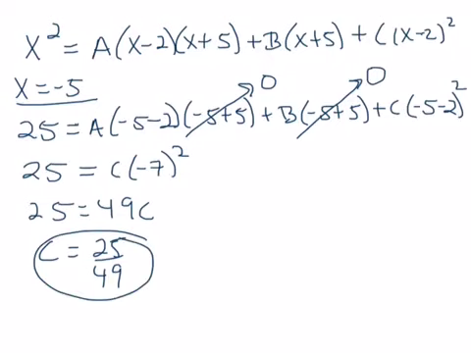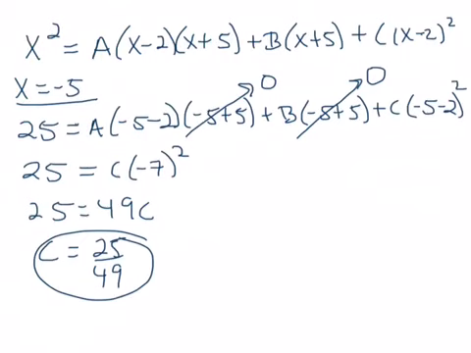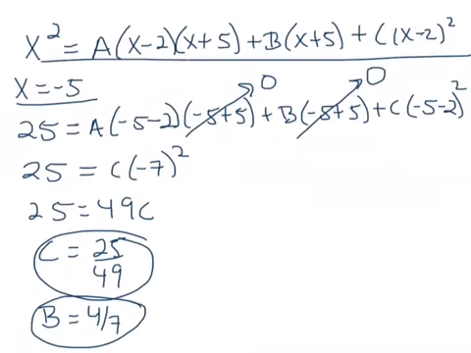Okay, so if I go back to this page, see, B was equal to 4/7. So I have C equals 25 over 49, B equals 4/7. Now all I have left to do is solve for A. Now unfortunately, looking at my equation up here, A has both an x minus 2 and an x plus 5 in here.